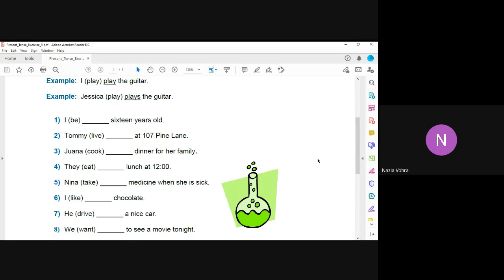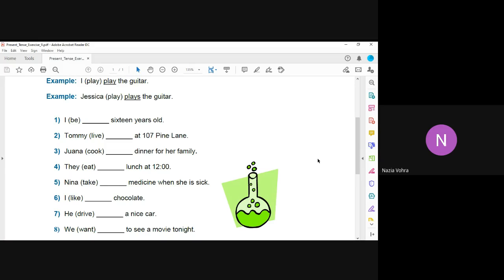There are two examples given. I play, in the bracket, the guitar. So I play the guitar. What tense is this? Simple present. Yes, simple present tense. What is I? Subject. What is play? Verb.